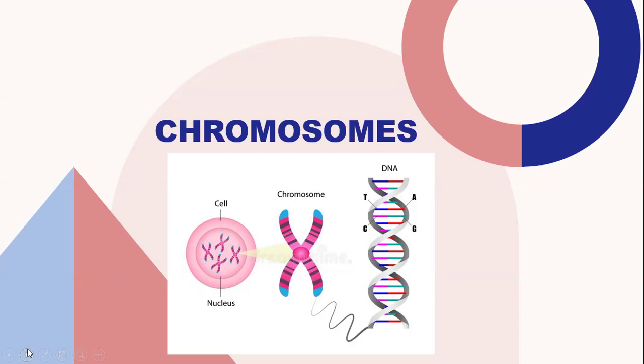So a chromosome is basically DNA wrapped around proteins, allowing it to easily be stored in the nucleus. We know that DNA, which is our deoxyribonucleic acid, contains genetic information, this information that we have inherited. This genetic information occurs in the form of what are referred to as genes, okay? I hope we're clear on that.